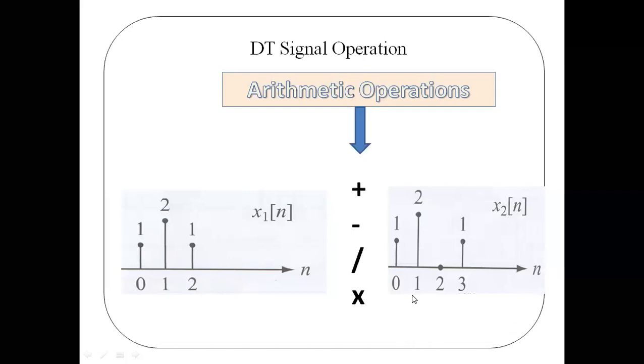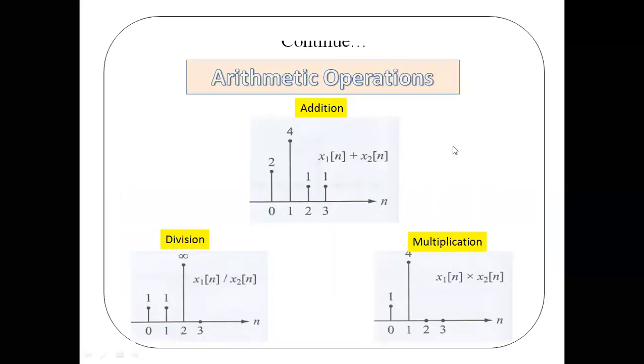The same applies for subtraction, multiplication and also division. You can refer to this slide where we have the answers for the addition, division, and multiplication. You can try this on your own. Basically, it's very straightforward. Just remember that the operations must be done for the same n.